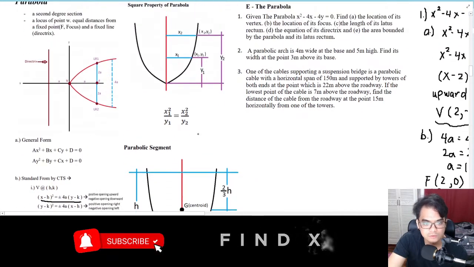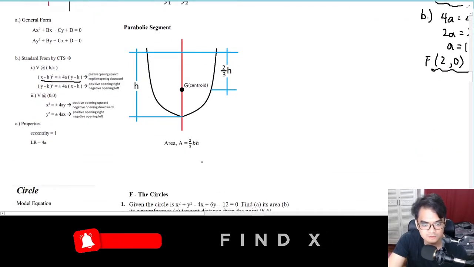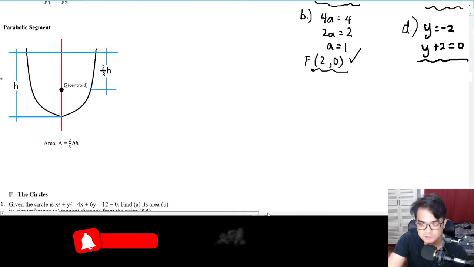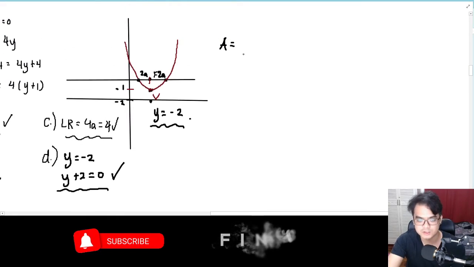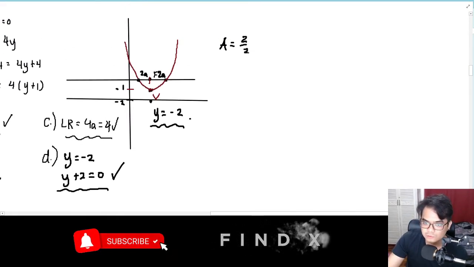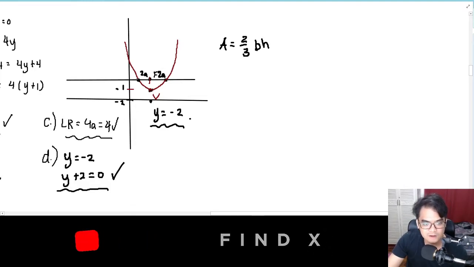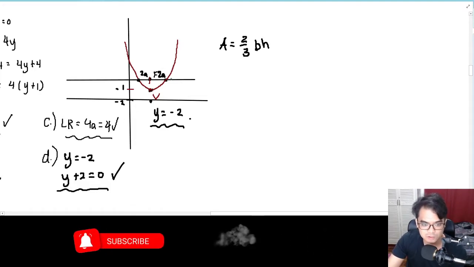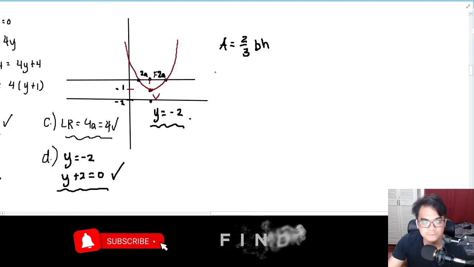the parabolic segment, okay? That's 2/3 BH. So the base is from the latus rectum to another latus rectum, so that is 4a, right?